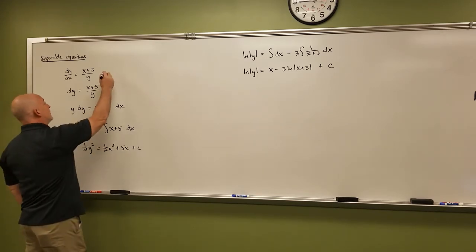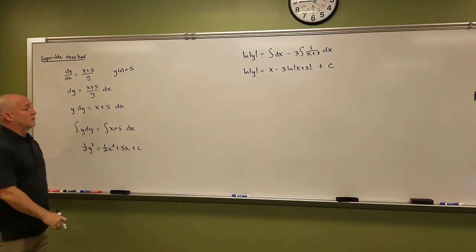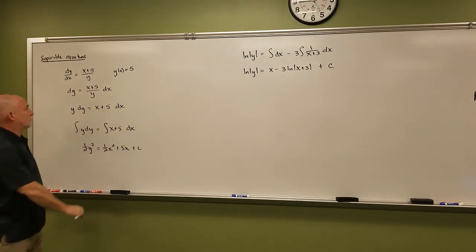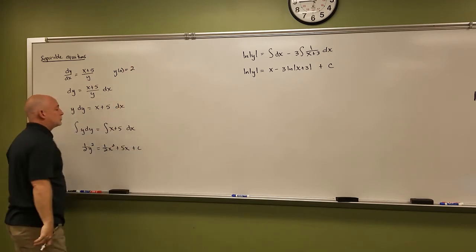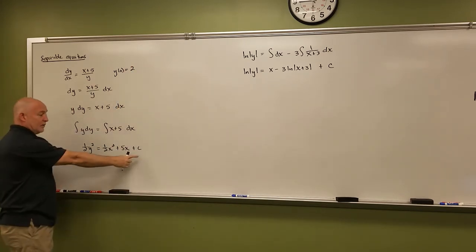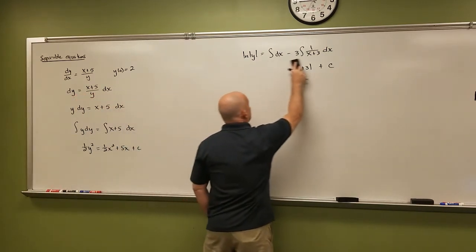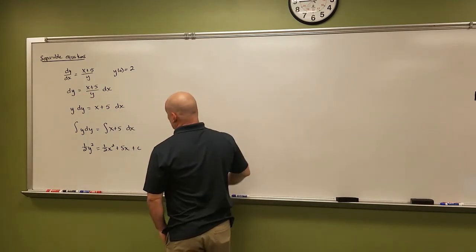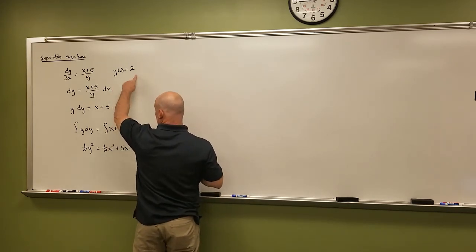Now, as soon as you've integrated both sides, now is generally the best time to apply any initial condition. So let's go back up here and say that this problem gave us some initial condition. Let's say y of 0 is, actually let me change that, we already have a 5 in there, y of 0 is equal to 2. This should help us figure out what our arbitrary constant is. So if we plug that in, y of 0 is 2, so if x is 0, y is 2.